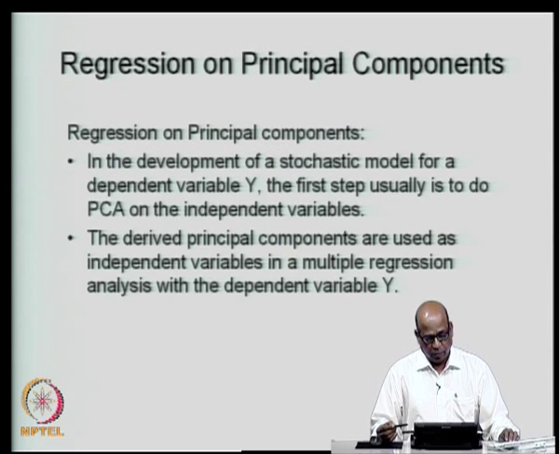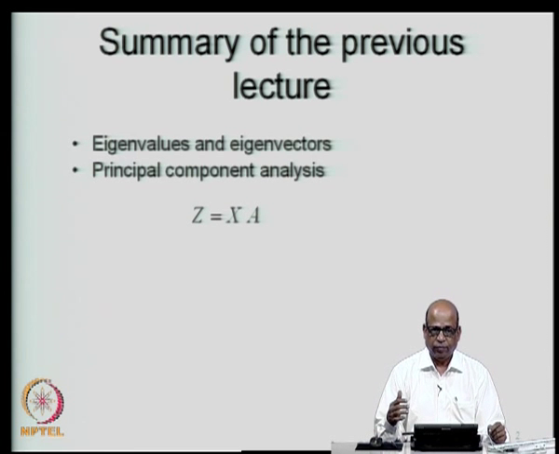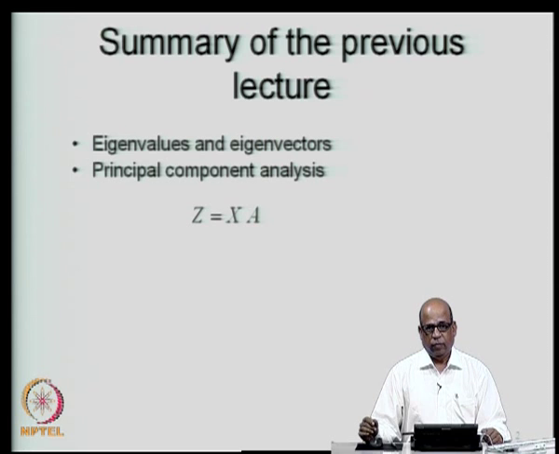Towards the end of the principal component analysis in the previous lecture, I mentioned that there are advantages of dealing with the principal components when we are regressing with multiple variables, a large number of variables.